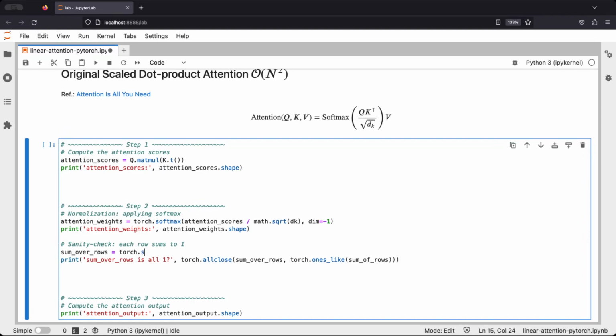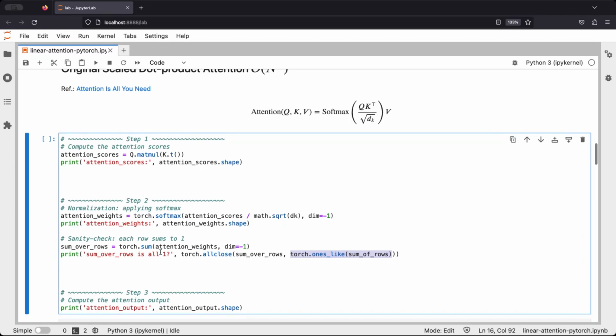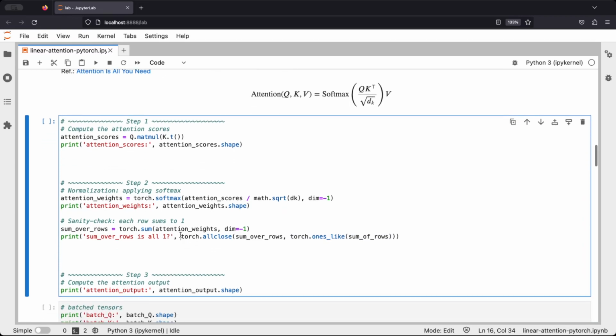We use torch.sum to calculate the sum over the rows of attention weights, and we say dim equals -1, the same thing as before, since we want to do that over the rows. We build the sum over rows tensor here, and then we compare that with torch.onesLike that is built here. And we expect the result of torch.allClose to be true.